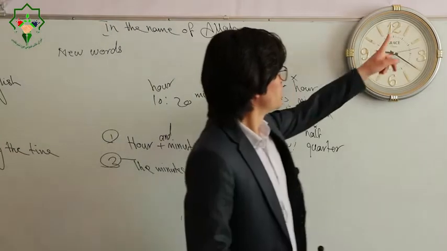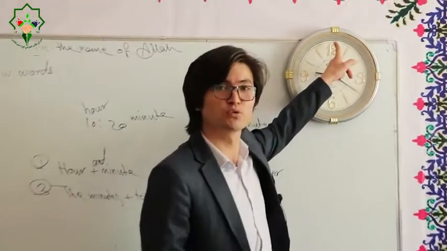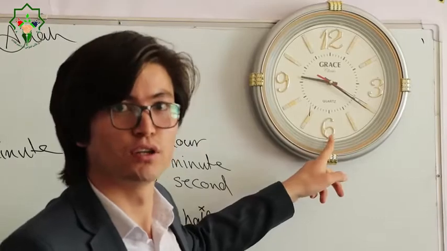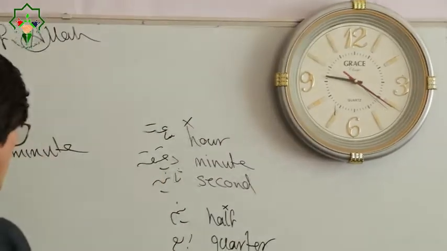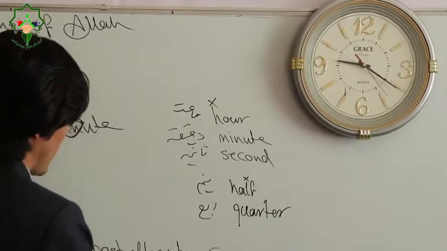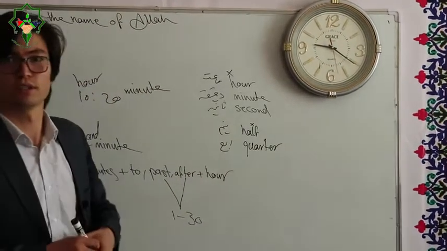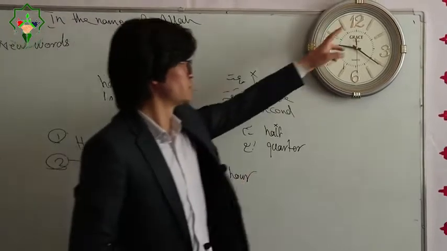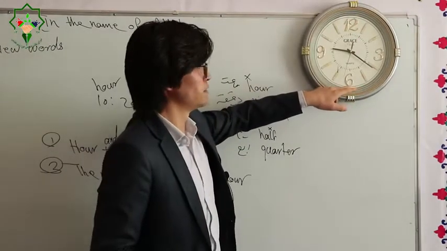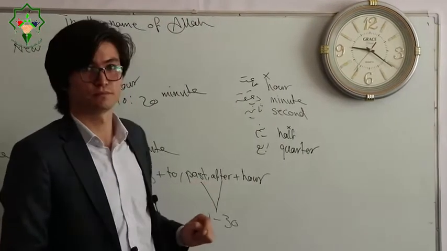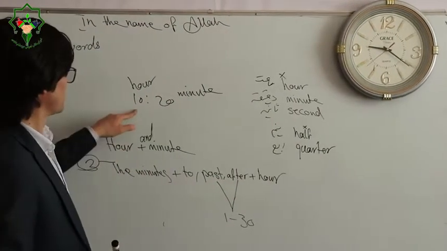From minute 1 up to half or 30, you have to use what? Past or after. Minute 1 till 30. Got it? Come to this example.